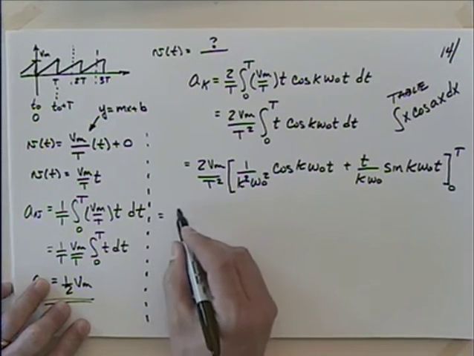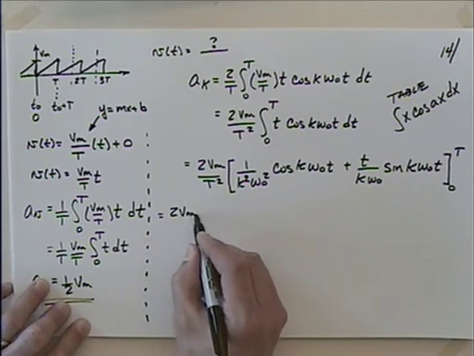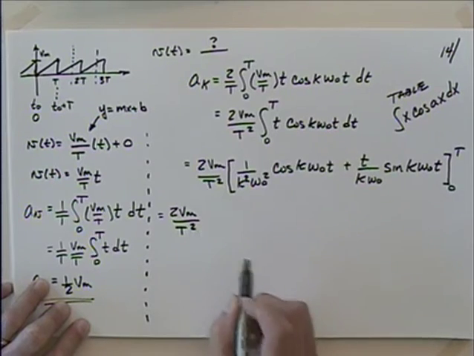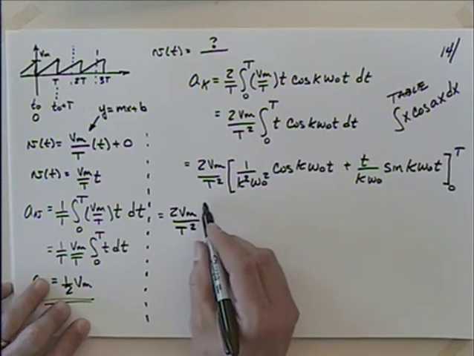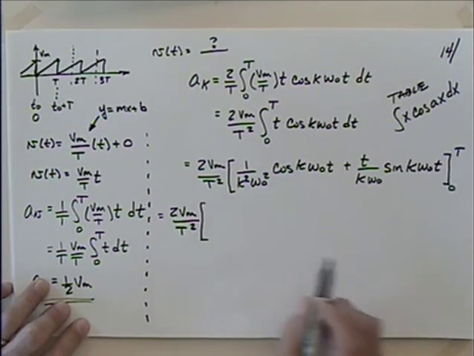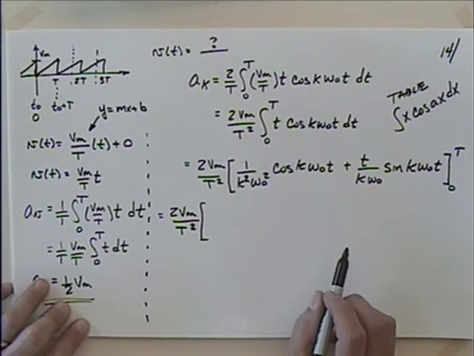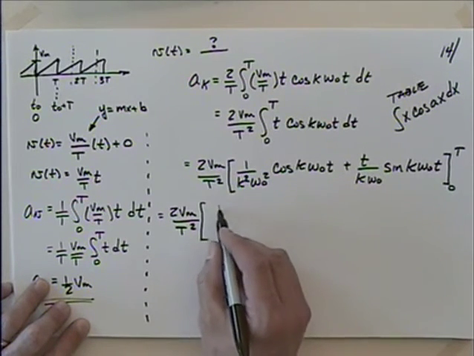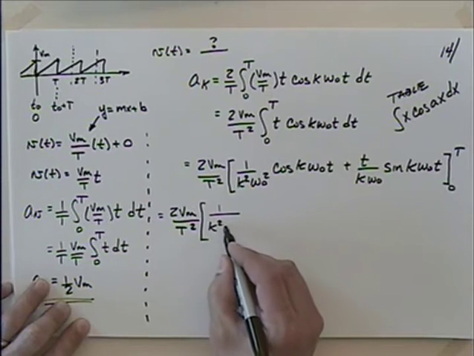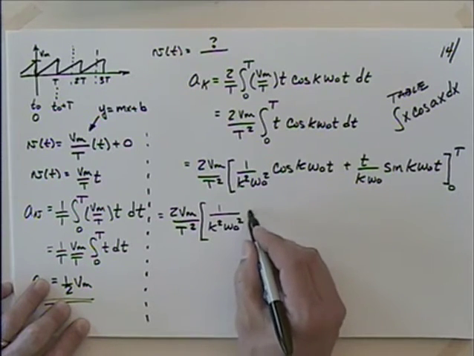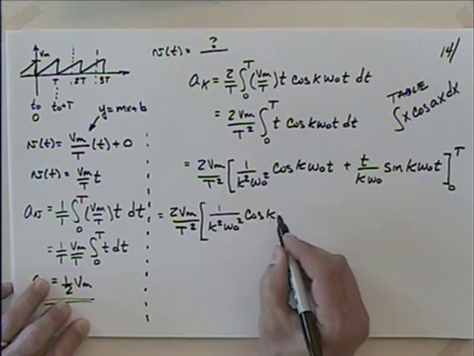So we have k squared omega naught squared cosine k omega naught.